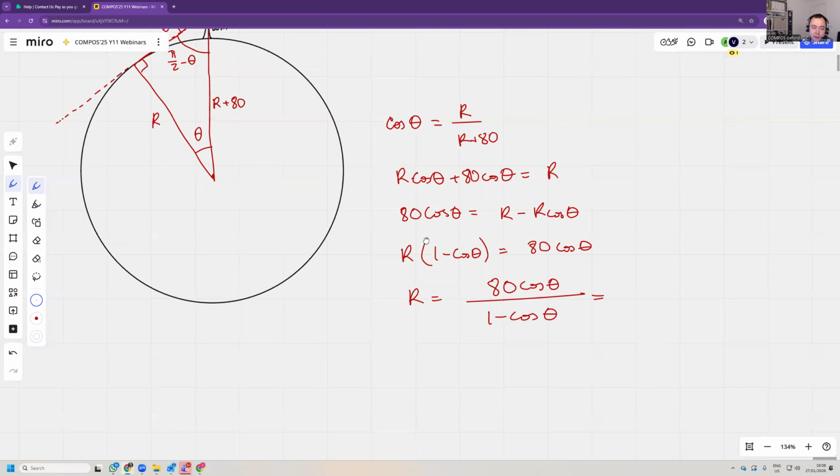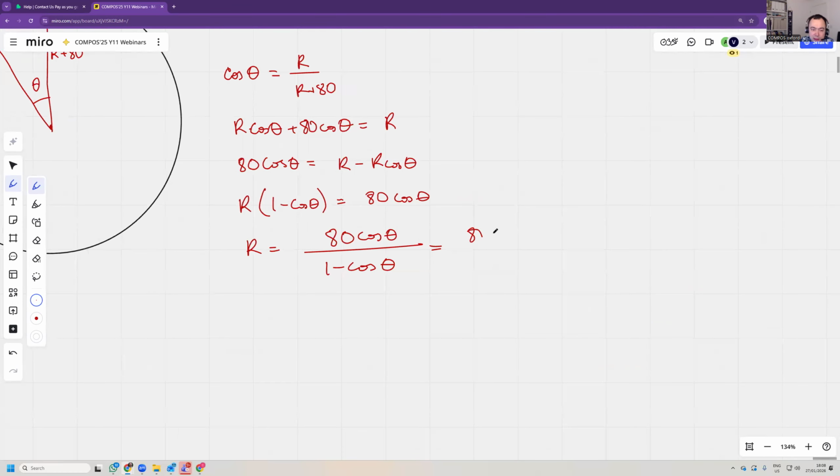And this is 80 cos 0.004 divided by 1 minus cos 0.004. We get some value. 80 multiplied by cos 0.004, divided by 1 minus cosine 0.004.